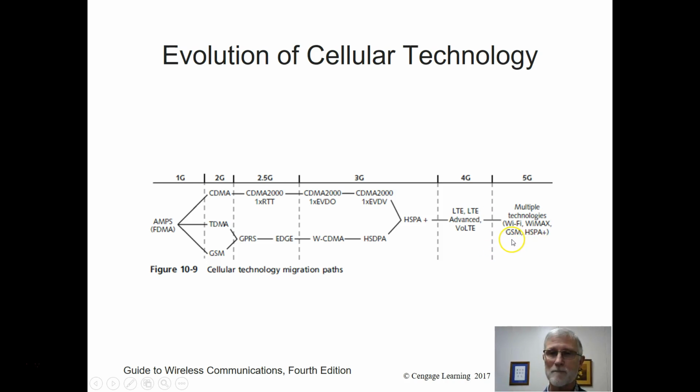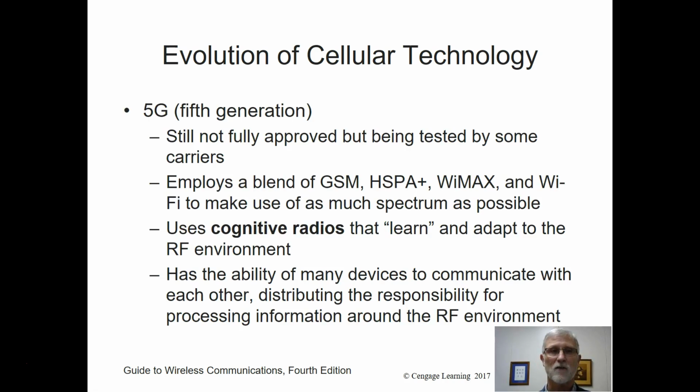The standards are still being written, but it's getting to the point where you're going to see a lot of change in the wireless world. It's still not approved, still being tested. It's going to have a blend of all the technologies that we've talked about.